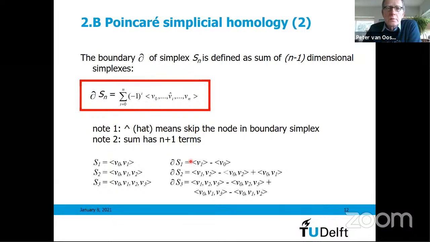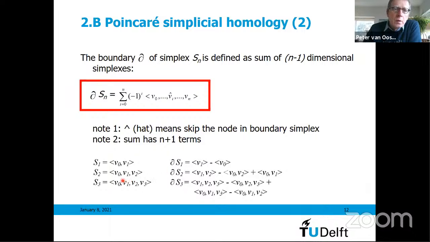The second element is when i is 1: I omit V1 and I just have V0, and -1 to the power 1 is negative, so it will be minus V0. Later on, it will become clear what the interpretation of this plus and minus, or the orientation, is.